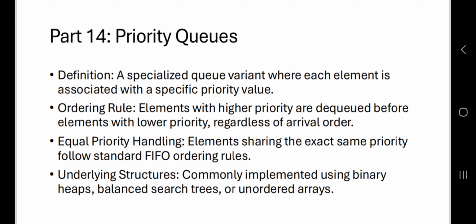Elements with higher priority are queued before elements with lower priority regardless of the arrival order. If elements share the exact same priority, they fall back to standard FIFO ordering rules. These are commonly implemented using binary heaps, balanced search trees, or unordered arrays.